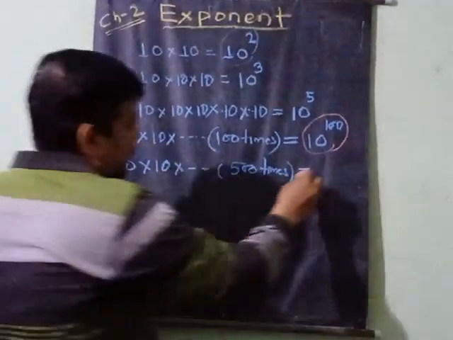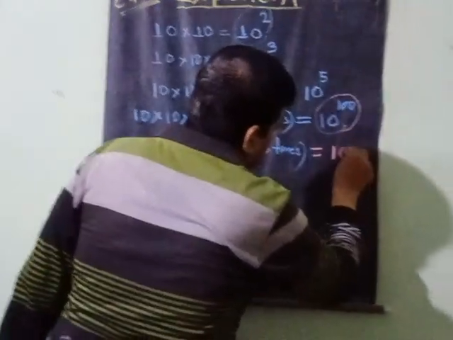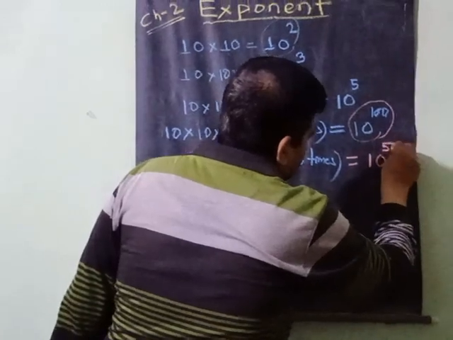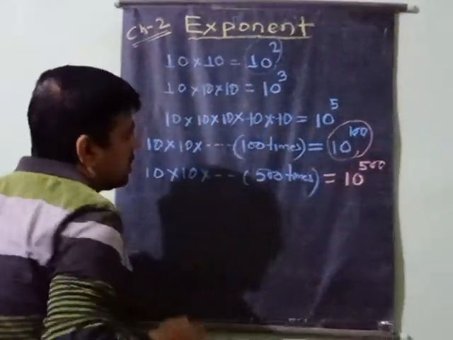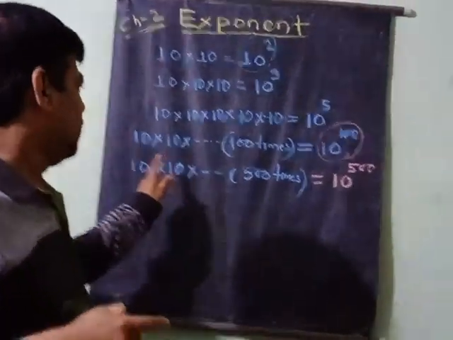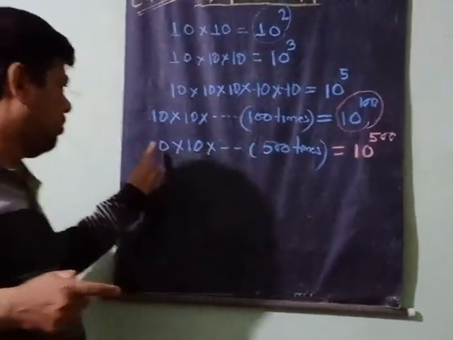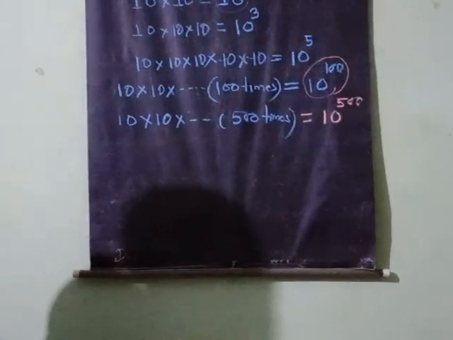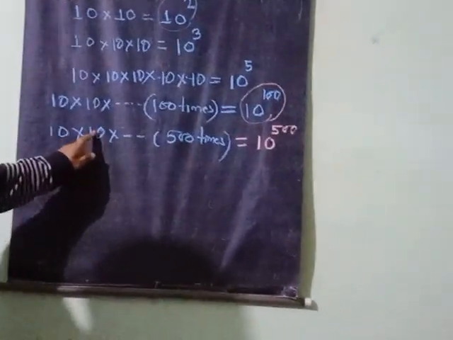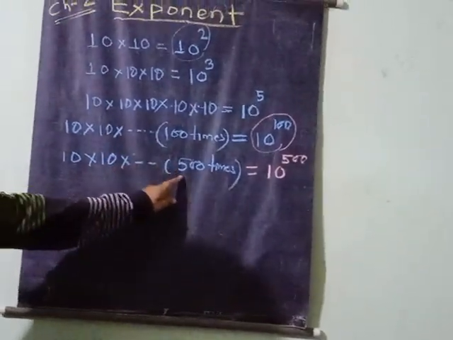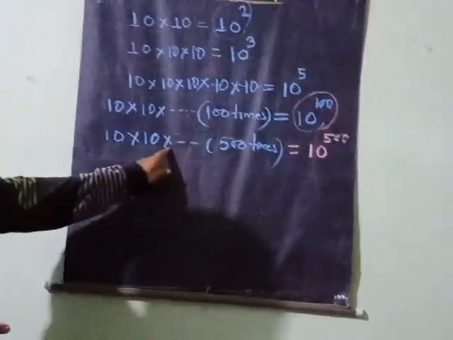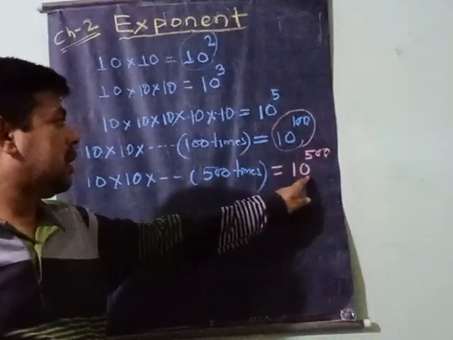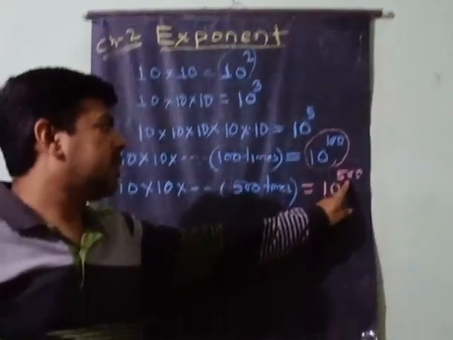That is called 10 to the power 500. So 10 to the power 500 is the symbolic notation of the multiplication of the number 10, how many times? 500 times. So in order to write this process of multiplication 500 times, we can express this idea in another notation, that is called 10 to the power 500.